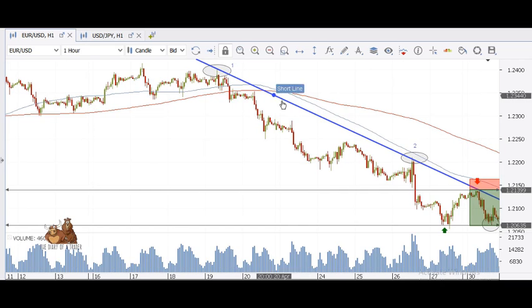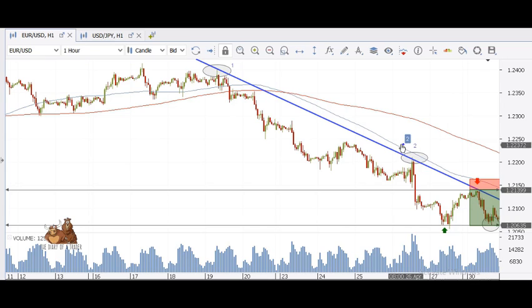So here we are looking, of course, to sell the pair against the trend line, since it is very easy to identify where your stop loss is and where your take profit is, as we're going to see now in this euro dollar chart example.